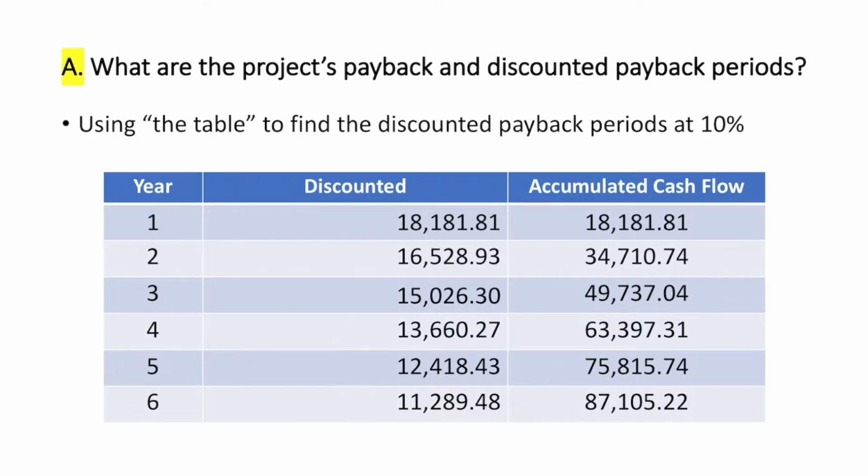So, we have to continue this process until 6 years. Then we found that at the 5th year, it's close to payback, because this project has an initial cash outlay of $80,000, and in the 6th year it gets profit already. That means the discount payback period is between the 5th year and the 6th year.